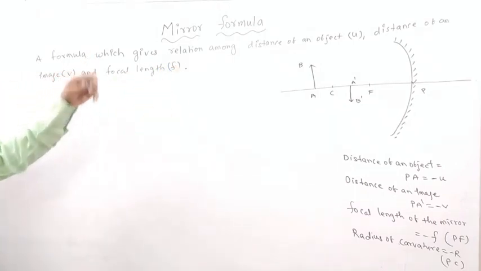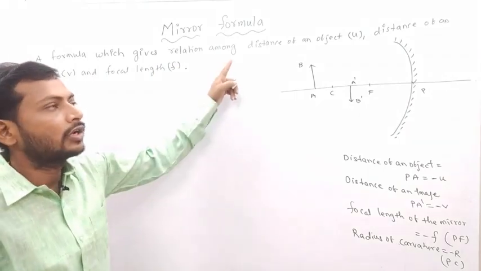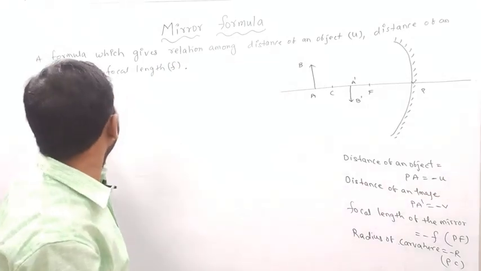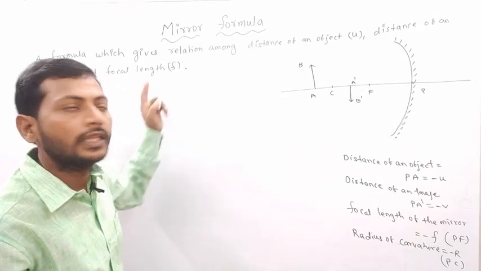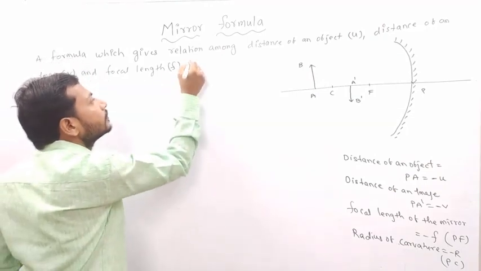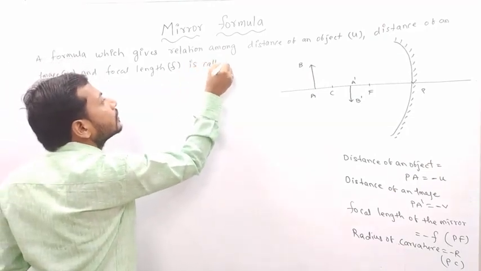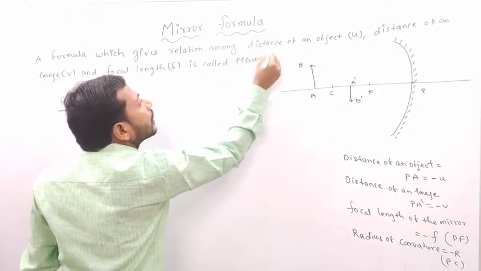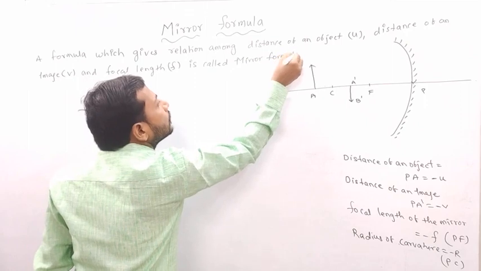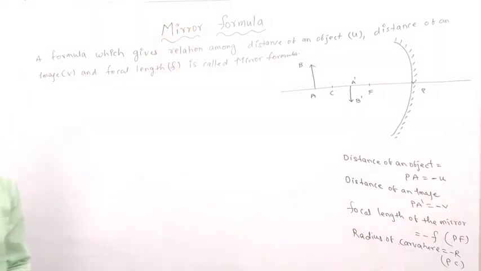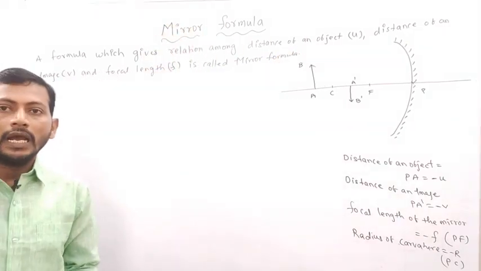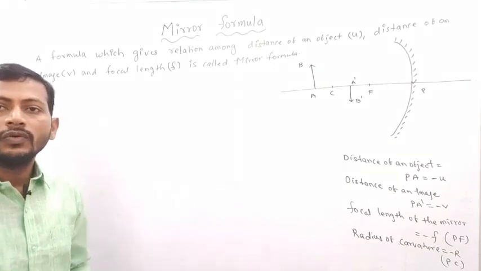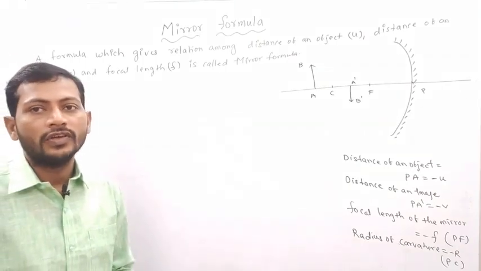A formula which gives the relation among the distance of an object U, the distance of an image V, and the focal length F is called the mirror formula. Is it clear for you? Okay sir. Now we will try to derive the equation.